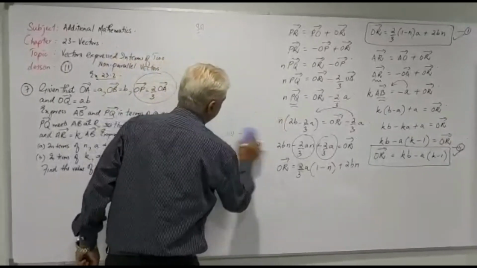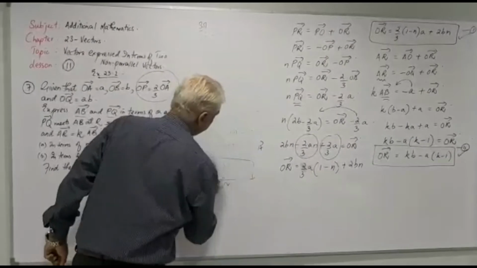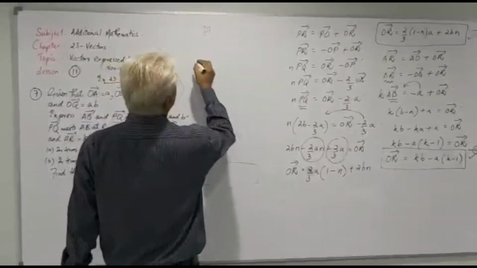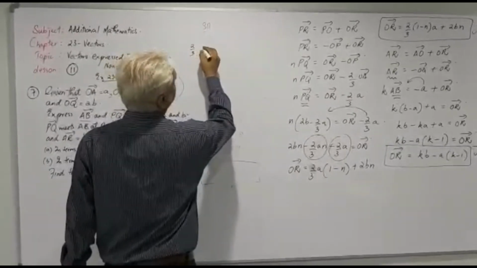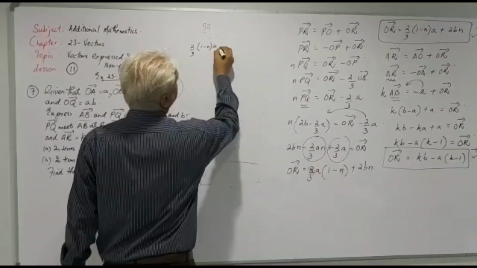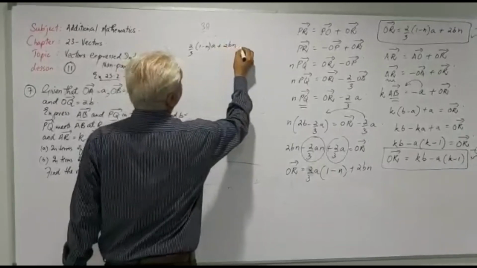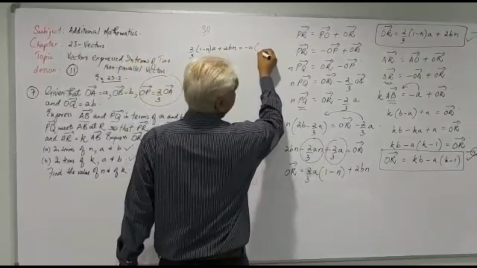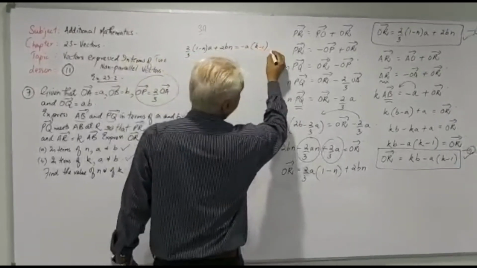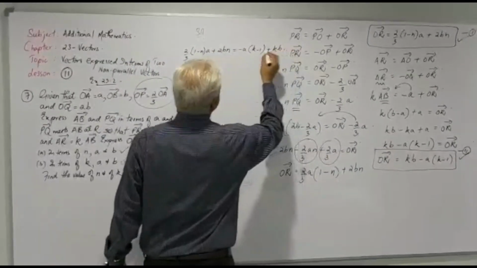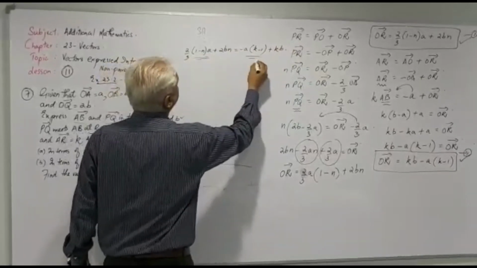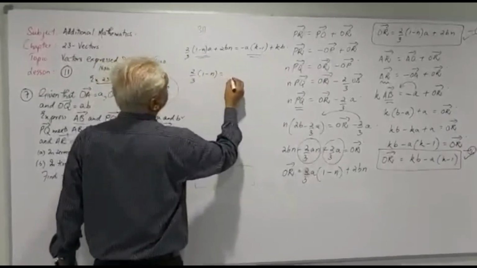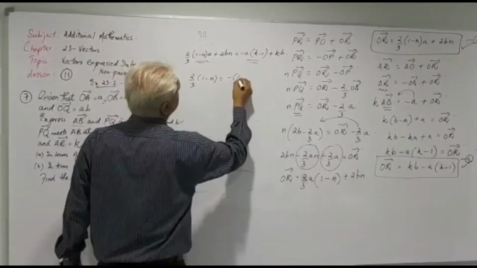Equating equation 1 and 2, we now get 2 over 3, 1 minus n, A plus 2bn equals minus A, k minus 1, plus kB. Now I'm taking the coefficient of A, so I'll get 2 over 3, 1 minus n, equals minus k minus 1.